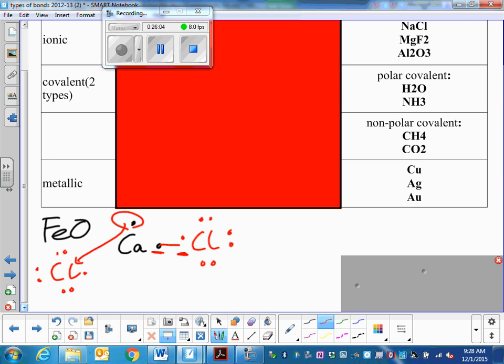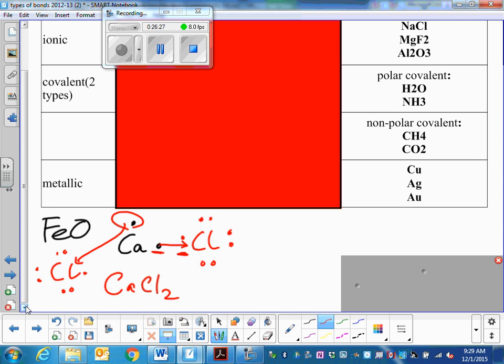Does that make sense? So what is the formula for calcium chloride? CaCl2. Iron does have 2 valence electrons, but iron can lose more from the D block.